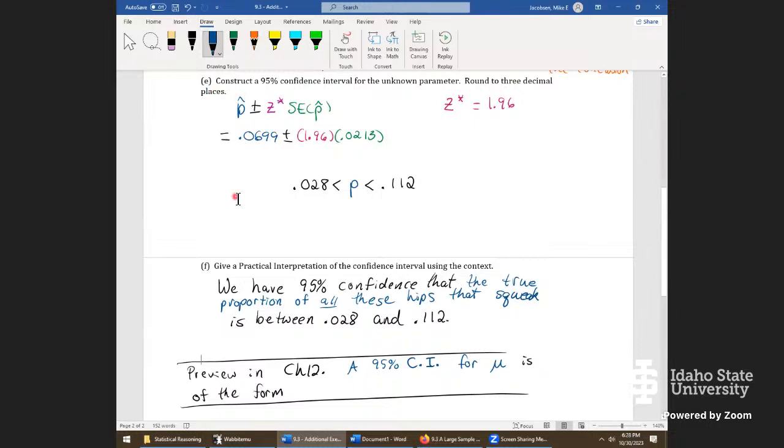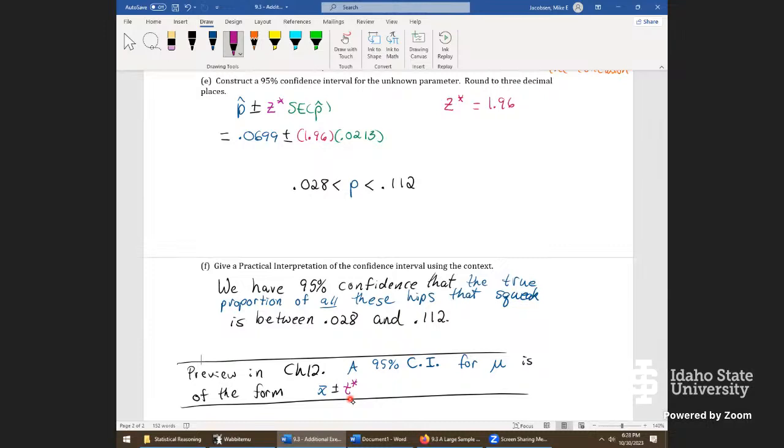This time we're estimating the average of a population, mu, and we use the sample mean. So we'll go x bar in place of the p hat. We'll add and subtract a critical number. This critical number does not come from the normal distribution like z star comes from, but it comes from a distribution that's highly, highly related called a t-distribution. So we'll put a t star here.